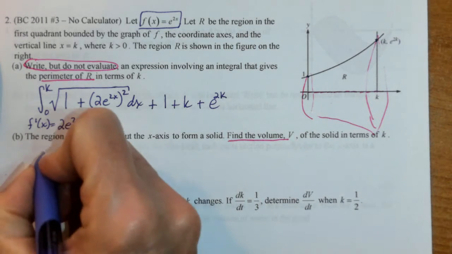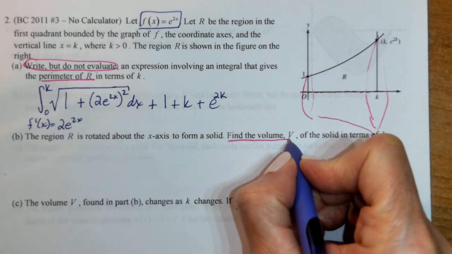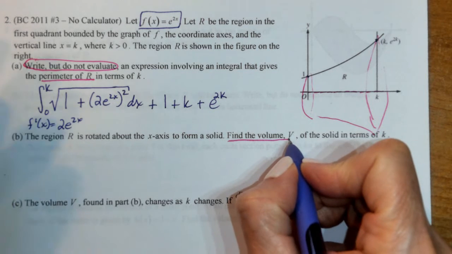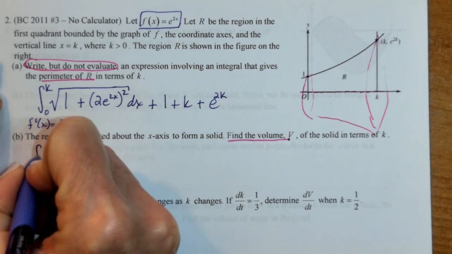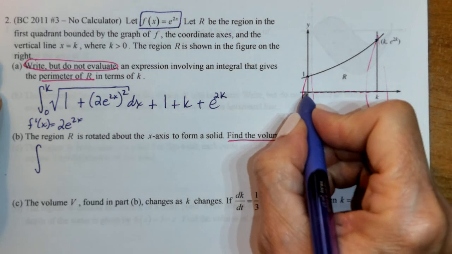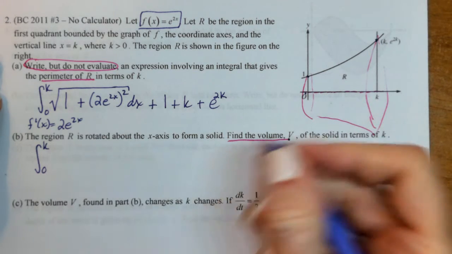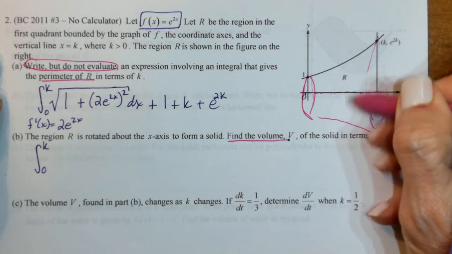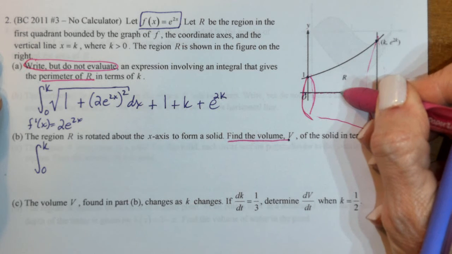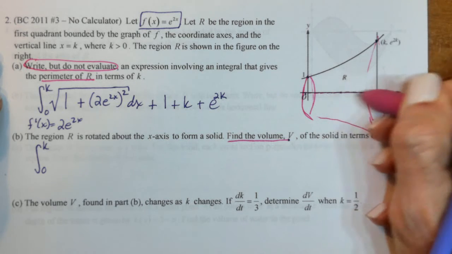So I go to my general form for volume, which is the integral of the area function. So the integral from the leftmost x to the rightmost x of the area of a cross section. Well, here there is no hole in the middle because the region lies right on the axis of revolution.